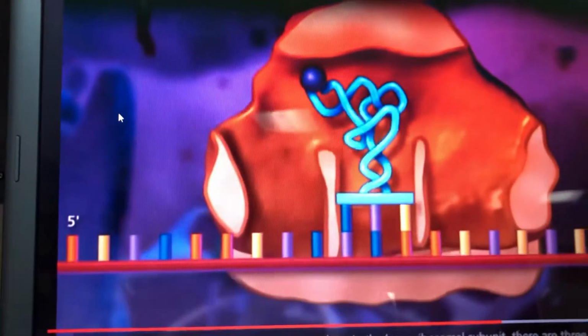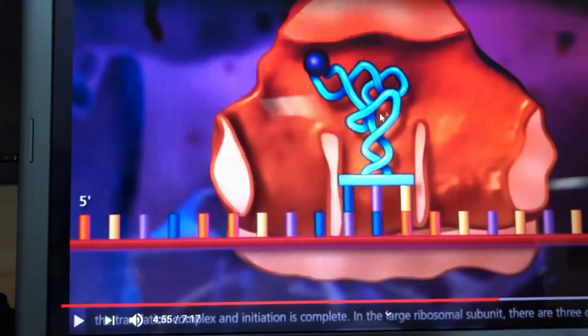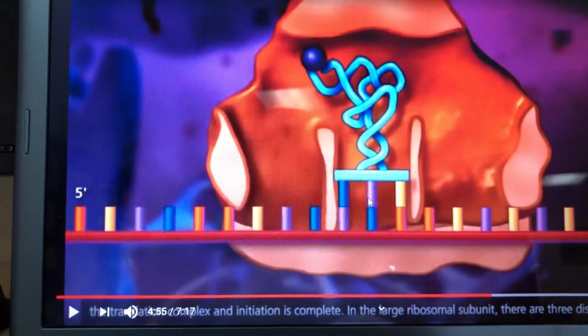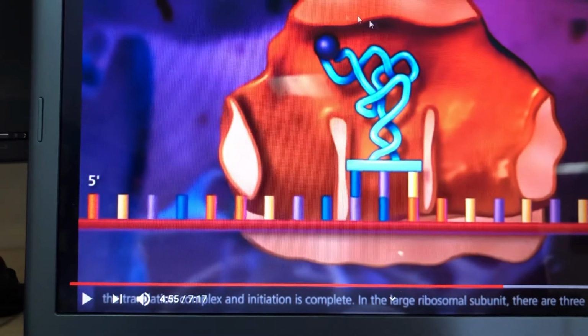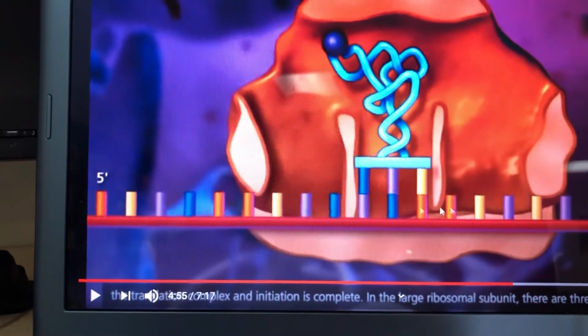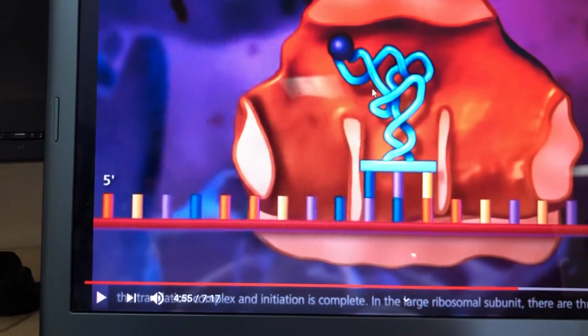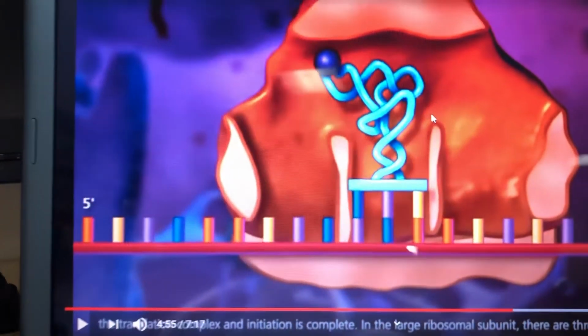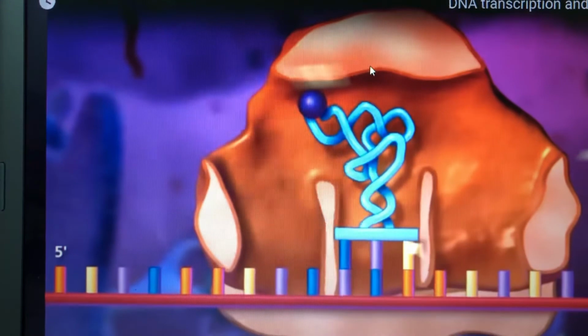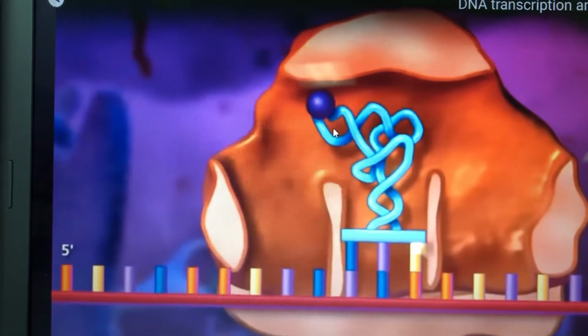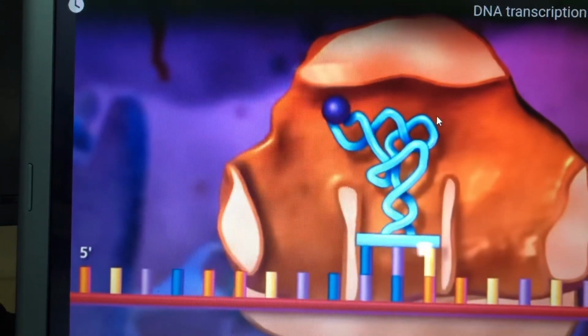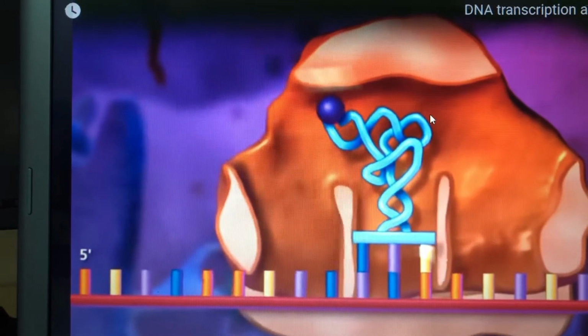Now, the translation will start. After recognizing the starting point here, the large subunit of the ribosome will come and attach to the mRNA, and now the translation will start. The main function of the ribosome is to bind the amino acids together so the polypeptide chain forms.